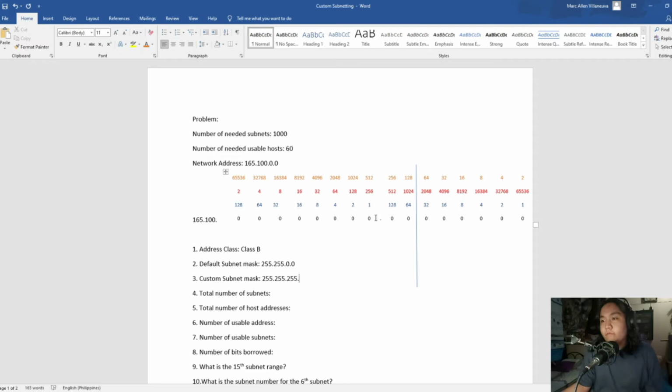Now in our fourth octet, we can see we have 2 zeros here, since there is a line, so we need to stop here. So we just simply add this one. 128 plus 64 is 192.